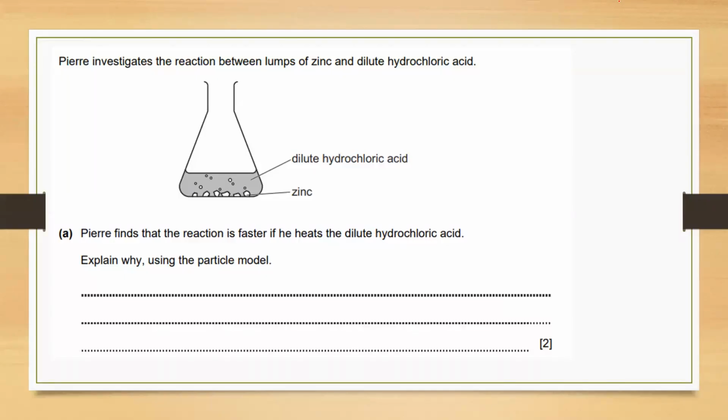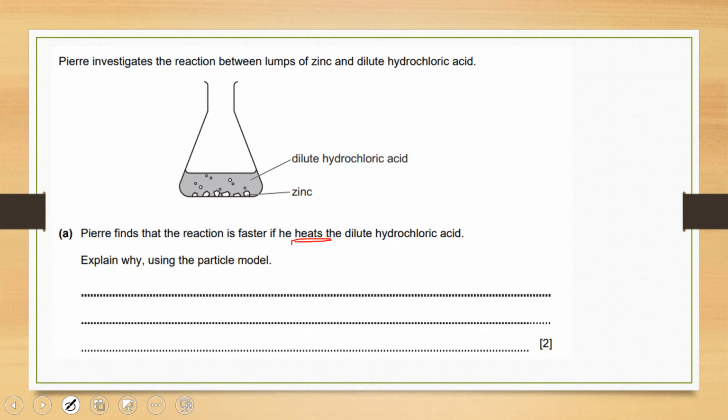We are to use particle theory to explain why it's faster when it hits the dilute hydrochloric acid. Now, anytime there is heat, that means there is an increase in temperature.